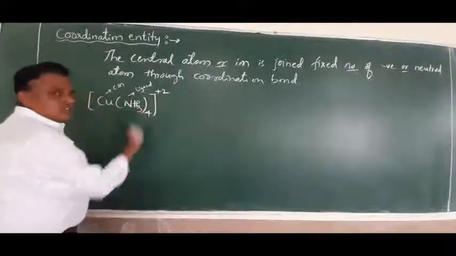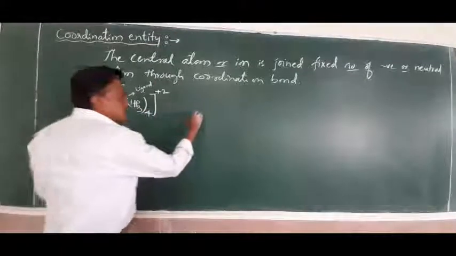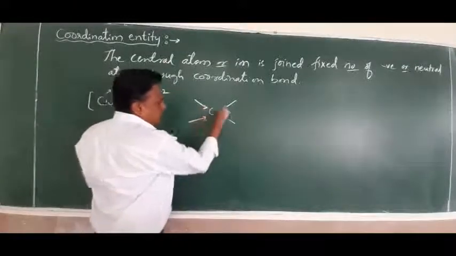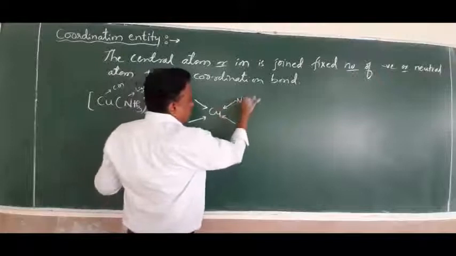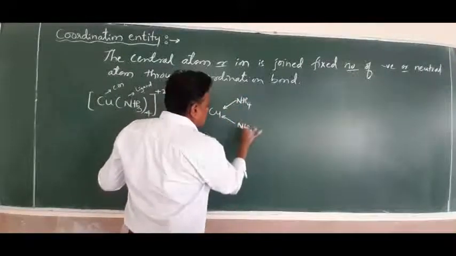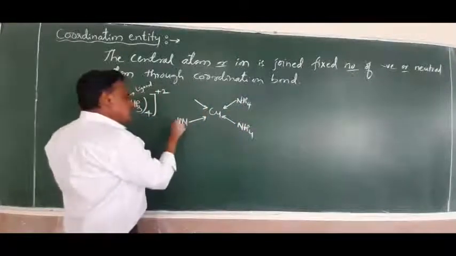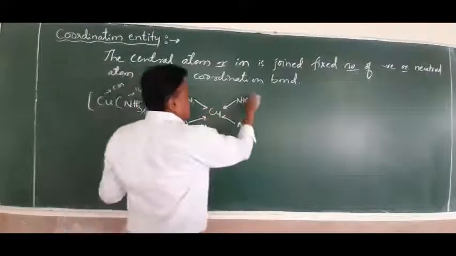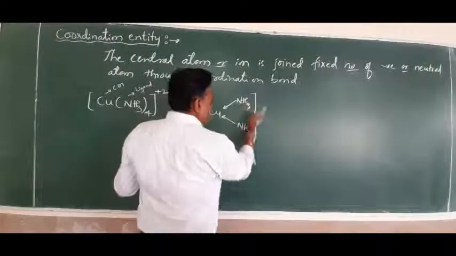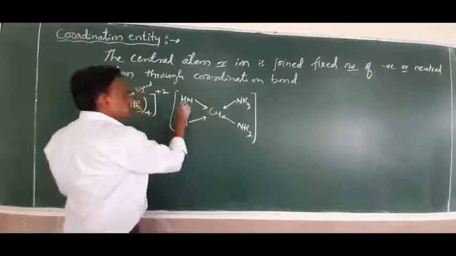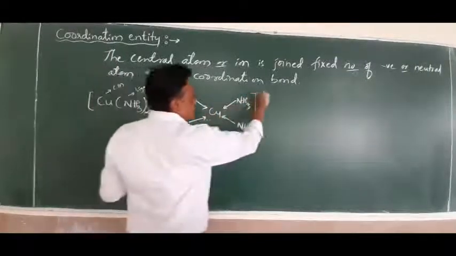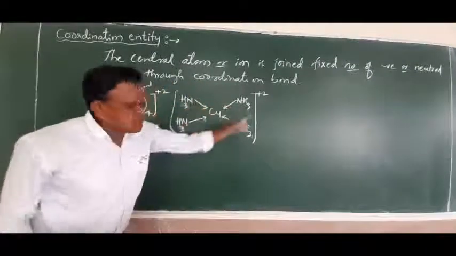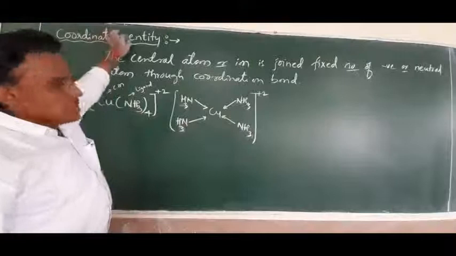The coordination entity of this complex is 4, meaning the copper is surrounded by 4 coordinate bonds with ammonia. This is a fixed entity and it cannot be changed. A central metal surrounded by a fixed number of ligands is known as a coordination entity.